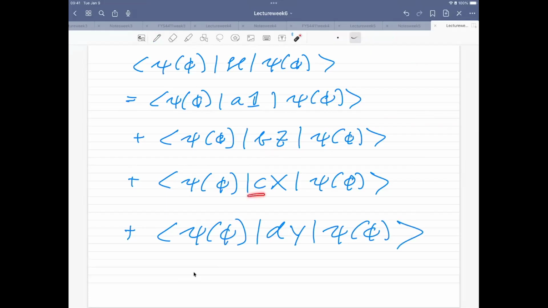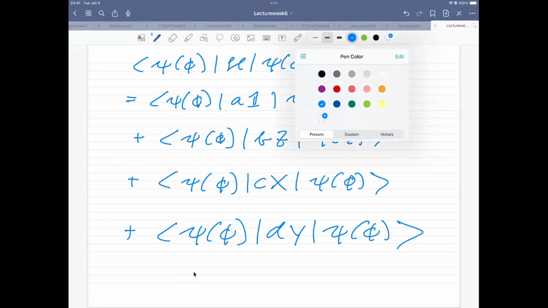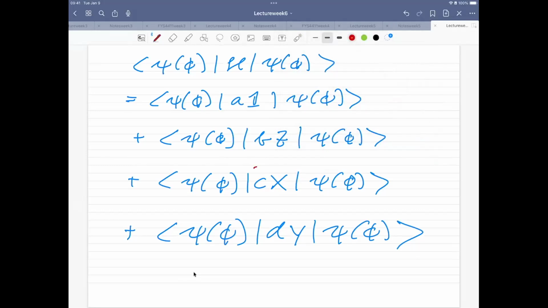However, when it comes to the Pauli X, we know that the qubit 0 and qubit 1 are not eigenstates of that one. So it means that we would have to transform that one. So this needs to be transformed now into a C times a Hadamard times a Pauli Z times a Hadamard.